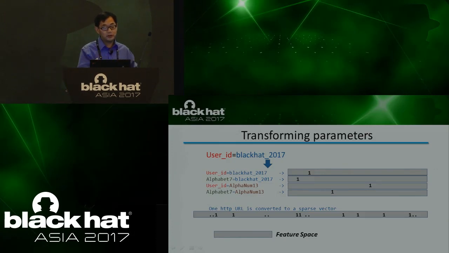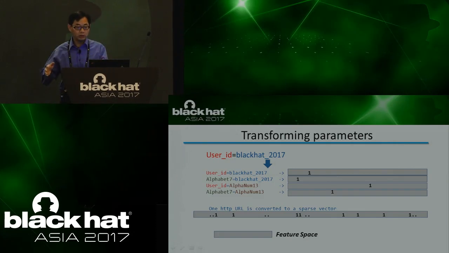The first feature we convert is just the original value itself. Second, we change the key, user ID, to its type plus length, then keep the value as is. The third one, we use our key as is and change the value to the type and length. And the fourth one, we change both to the type and length. So we effectively change one parameter to 4 features.